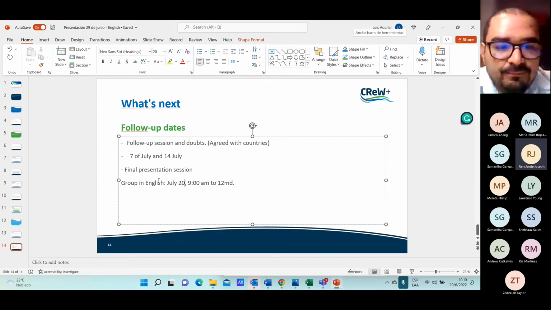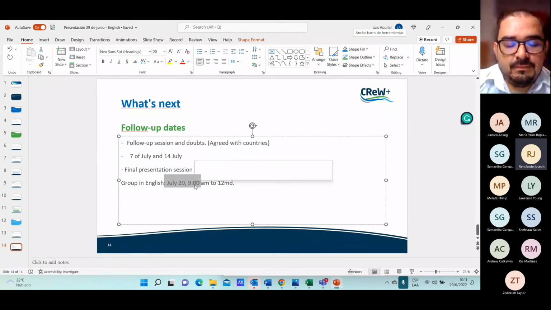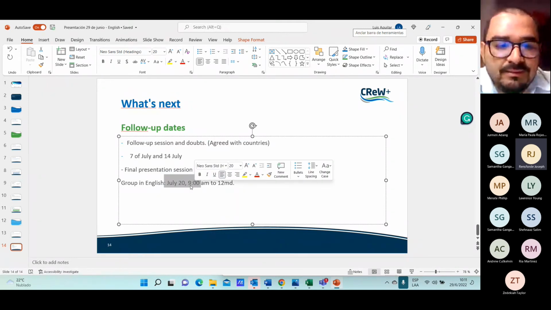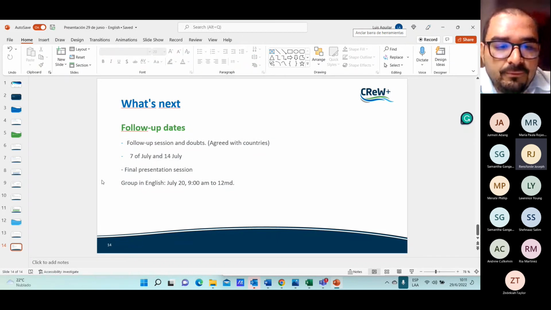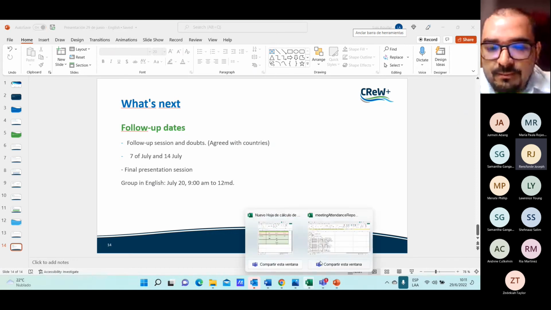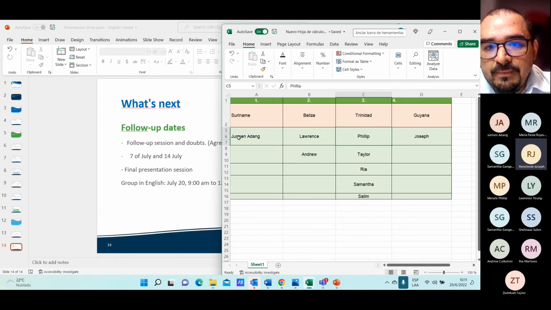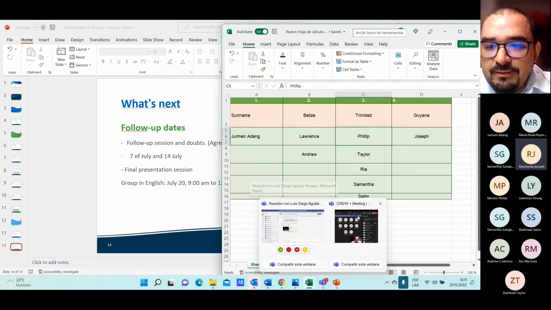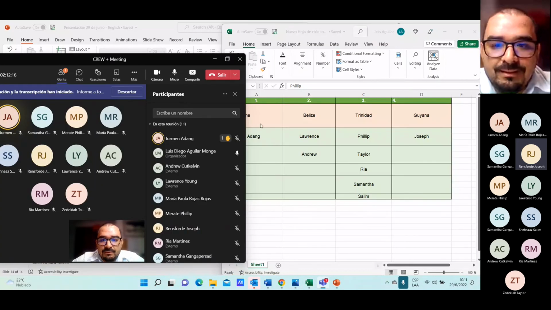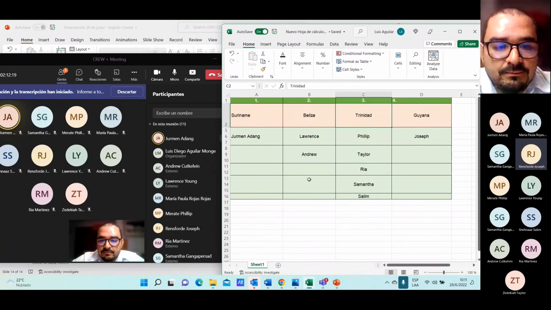And finally, the final date on which you're going to make the presentation of the project that we chose is July 20. So on July 20, we're going to have a session like this one, and we're going to see 4 presentations, basically a presentation for each group. In the case of Guyana, you are alone, so it's only going to be you. But also the Belize and Trinidad ones.